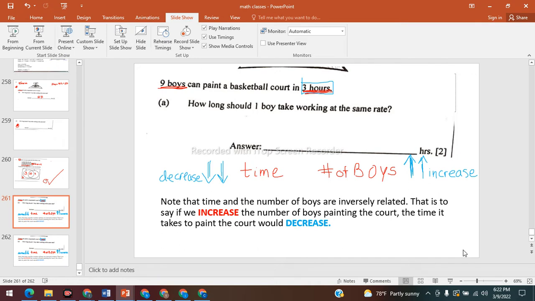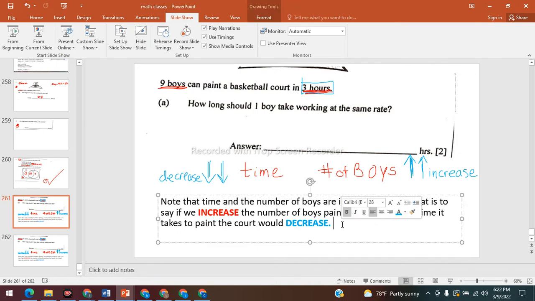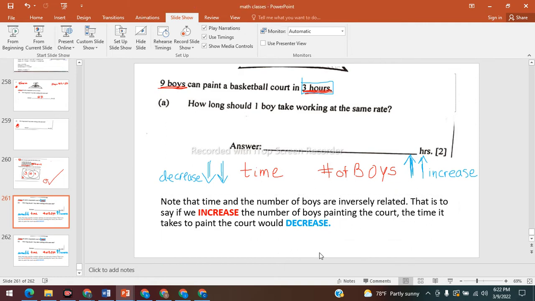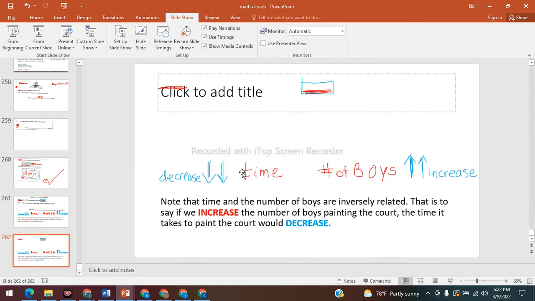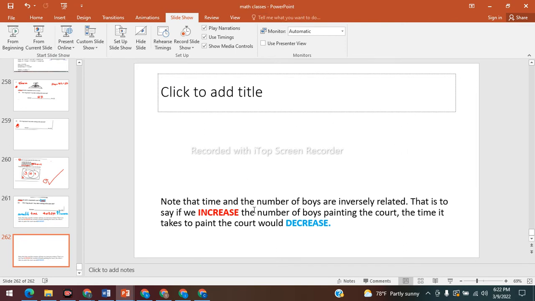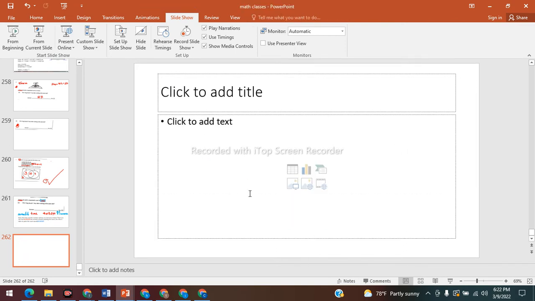Like opposite sides of a seesaw. That was my mistake. So if we increase the number of boys, the time it takes would decrease. So they are inversely related. If we decrease the number of boys, it'll take longer.